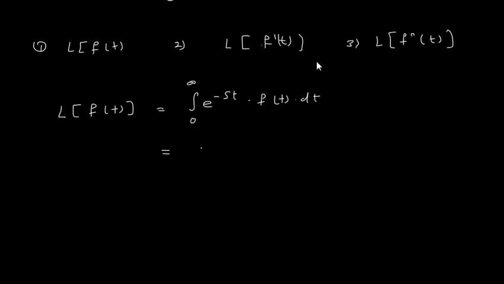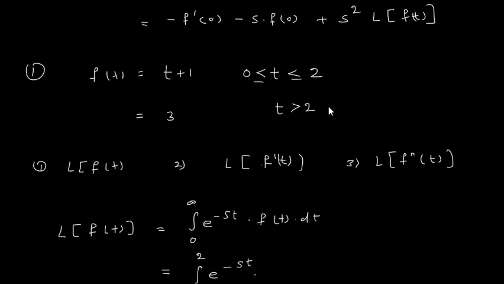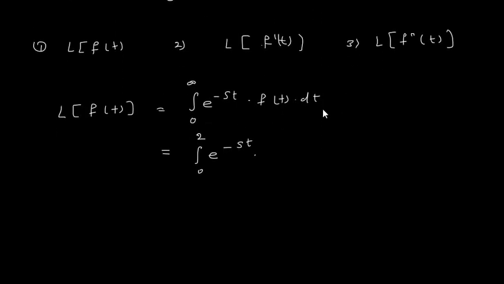So we will say that from 0 to 2 it is e power minus st into t plus 1 into dt, plus then we have from 2 to infinity e raised to minus st into 3 into dt.